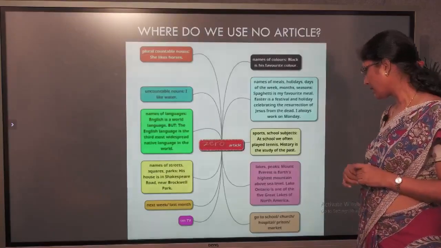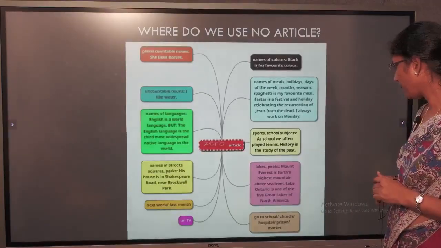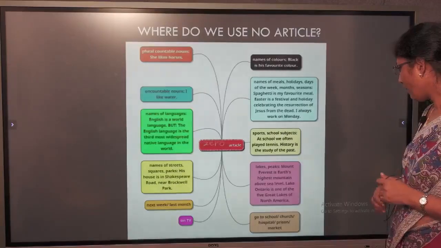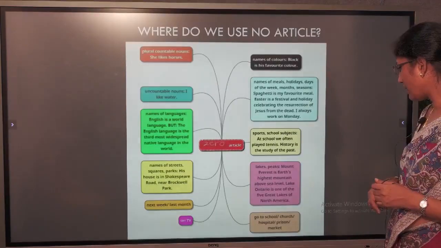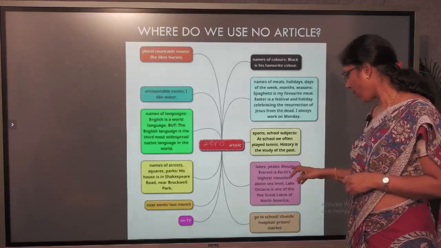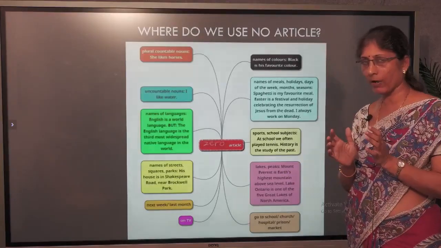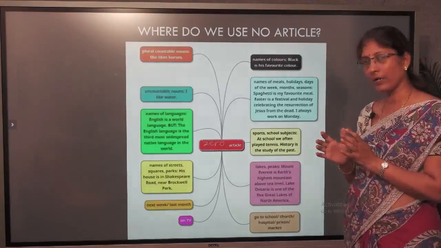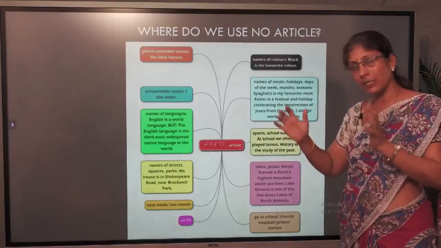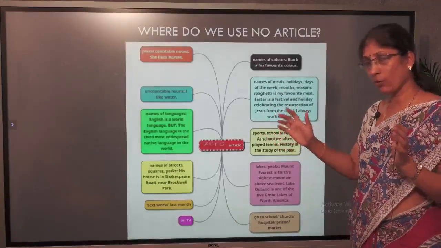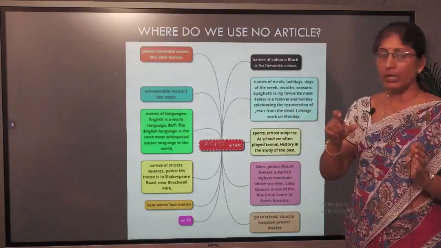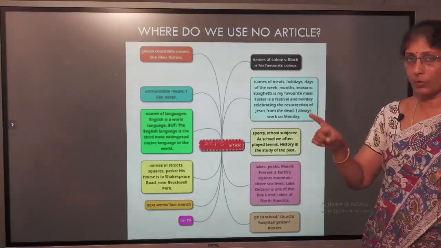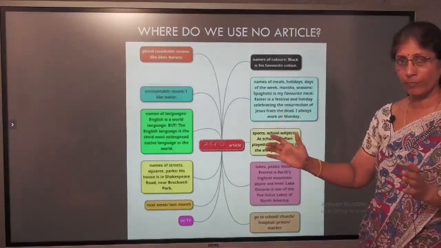Next, lakes, peaks. Mount Everest is Earth's highest mountain. Yes. So Mount Everest is the name of a mountain, right? But Himalayas is a region, right? A group of mountains. So you say the Himalayas because it is only one and it has a group of something.